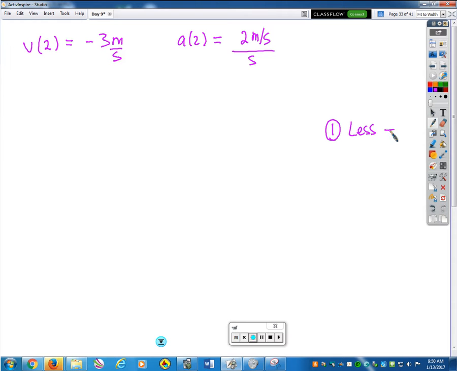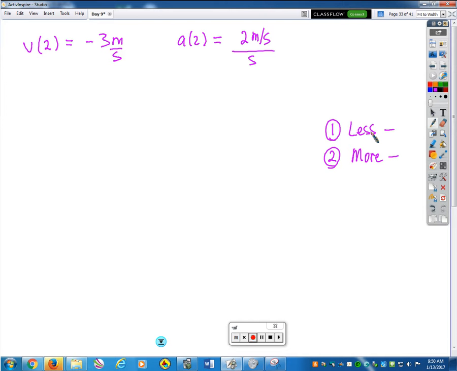Option 2 is the velocity is becoming more negative. Tell me, in this situation, just look at the values. Here's my acceleration, here's my velocity. This tells you how the velocity is going to be changing. So it's going to be becoming less negative or more. Show me your fingers. Less negative or more.